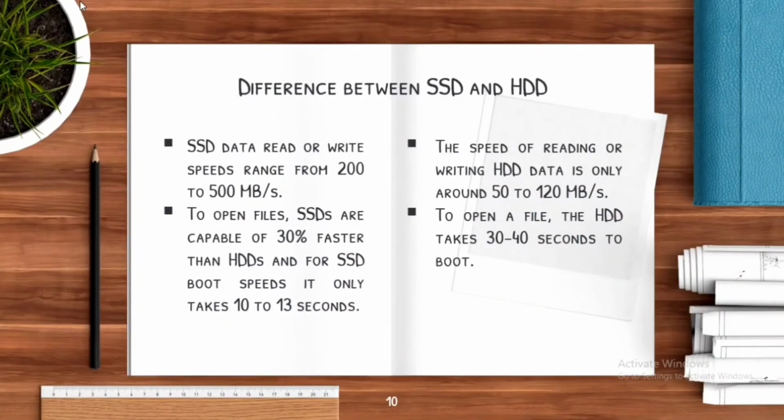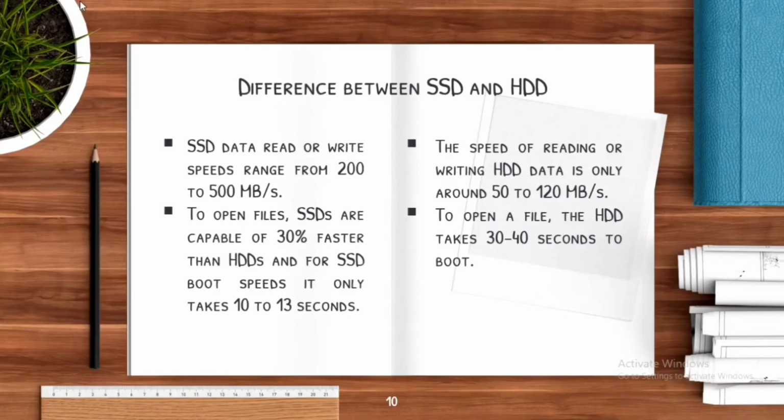Difference between SSD and hard disk drive. SSD data read or write speed ranges from 200 to 500 MB per second. To open files, SSDs are 30% faster than hard disk drives, and SSD boot speed only takes 10 to 13 seconds.